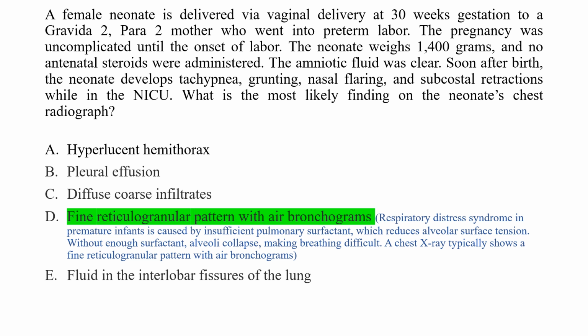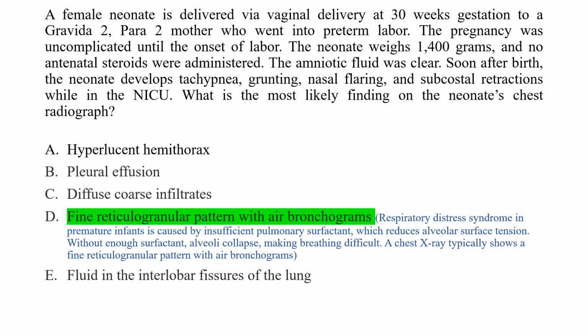Signs of respiratory distress soon after birth and a history of premature birth point towards the most likely diagnosis, which would be respiratory distress syndrome. Respiratory distress syndrome occurs in premature infants due to insufficient pulmonary surfactant, which is produced by type 2 pneumocytes.